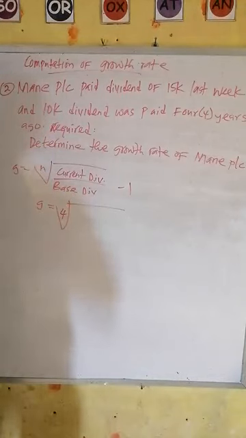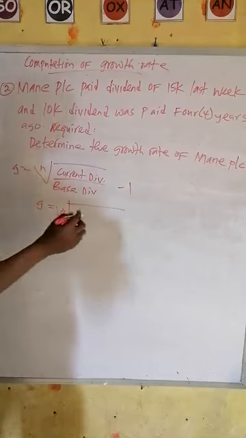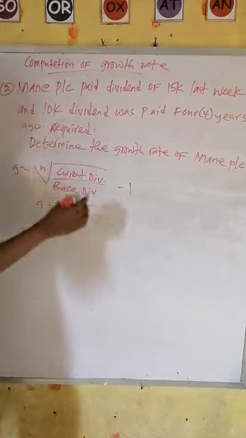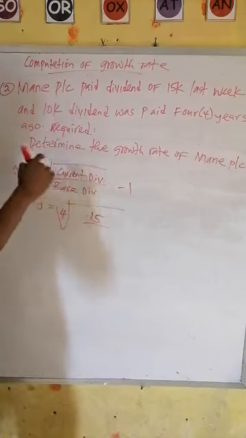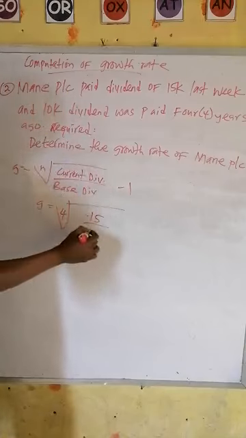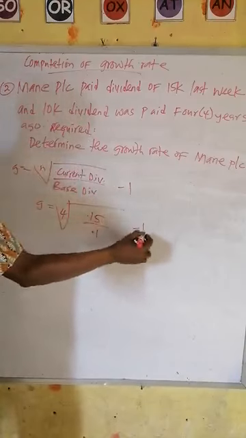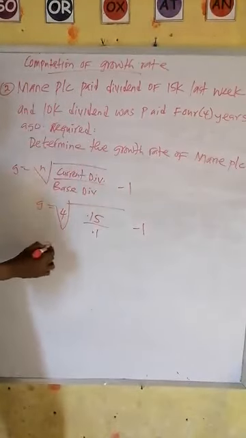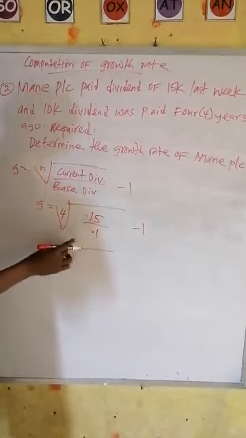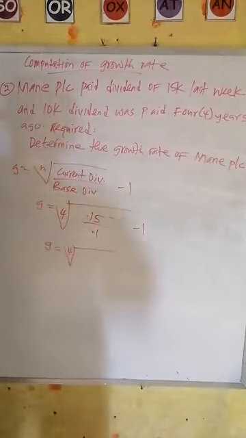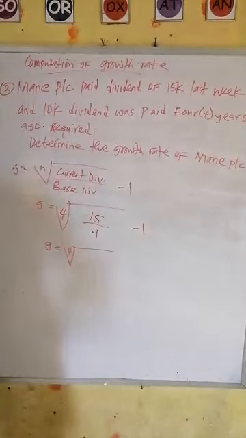Our current dividend is 0.15, all over the dividend paid 4 years ago, that is the base year dividend, which is 0.1, everything minus 1. So our G is equal to 0.15 divided by 1.